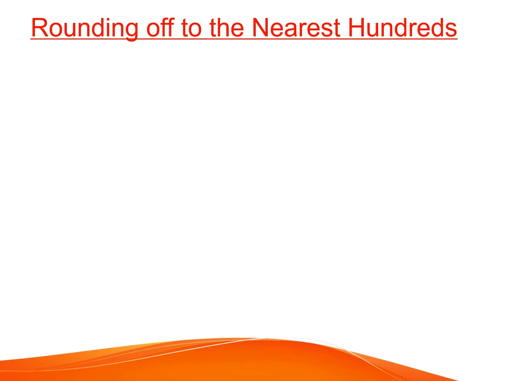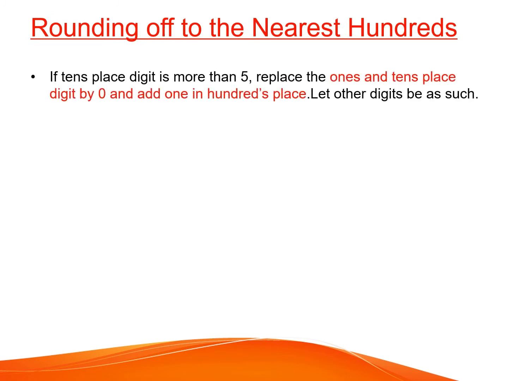If a number is to be rounded off to the nearest hundreds, then we will check the tens place of the number. In case the tens place of the number is 5 or more, then you will change it to 0 and all the other digits after that, that is in the ones place, will also be changed to 0. Now, in the hundreds place, we will add 1 to make the hundreds place 1 more than the previous value.